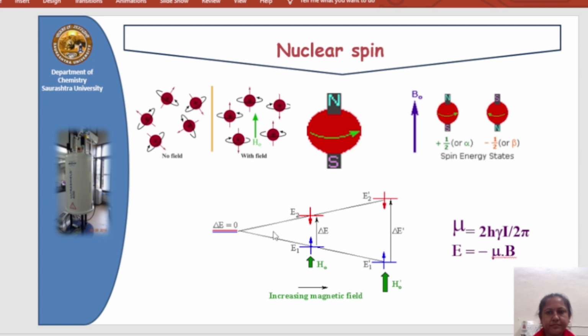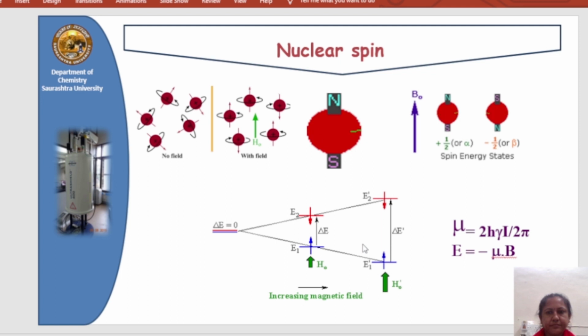Now how much? For example, suppose we study 1H NMR. In the case of 1H NMR, I is equal to 1/2. So we put this value in 2I plus 1: 2 into 1/2 plus 1, so 1 plus 1, 2. So the energy level will be distributed in two levels, plus 1/2 and minus 1/2.